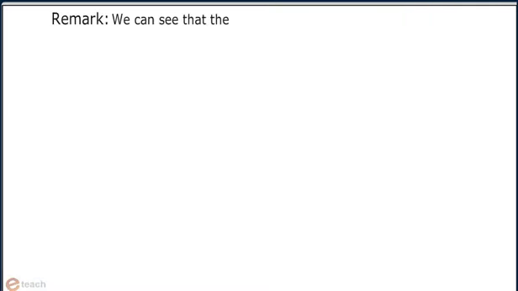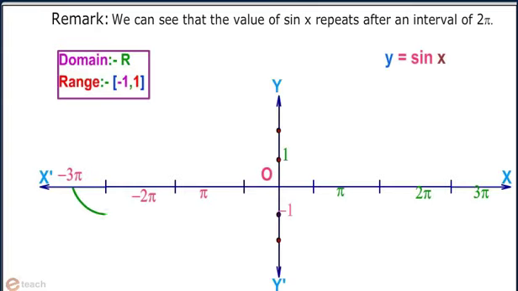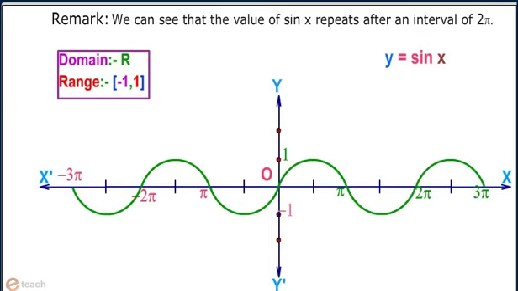Let's see this remark. We can see that the value of sin x repeats after an interval of 2 pi. So we have this on the graph. Observe the curve. The domain is set of all real numbers and the range is [-1, 1], both included.